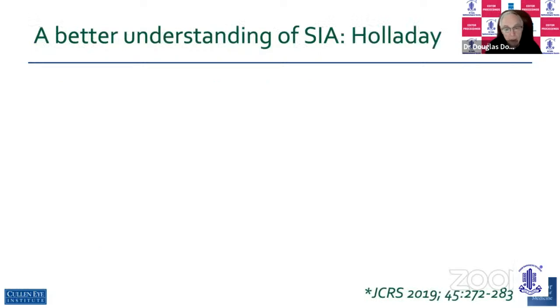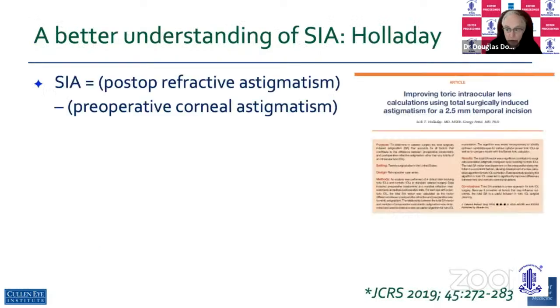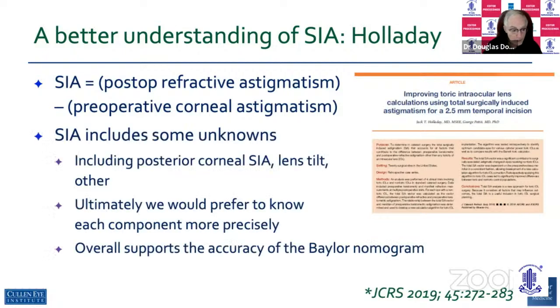But SIA is more complicated, and a paper from Jack Holladay and George Petit recently really makes the point that surgically induced astigmatism really is the postoperative refractive astigmatism minus the preoperative corneal astigmatism, whether it's anterior or total. And the SIA includes a lot of unknowns: posterior corneal surgically induced astigmatism, lens tilt, other things.